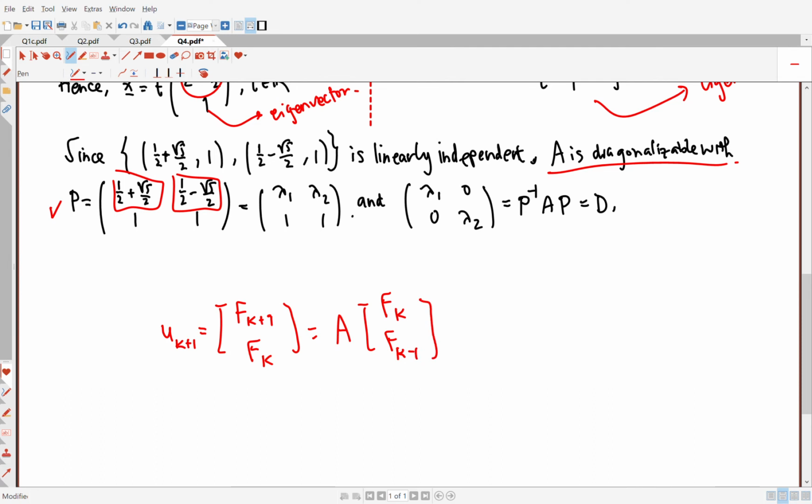Good. So my Fk appears here, and if I just multiply by A, we don't know what this is, right?